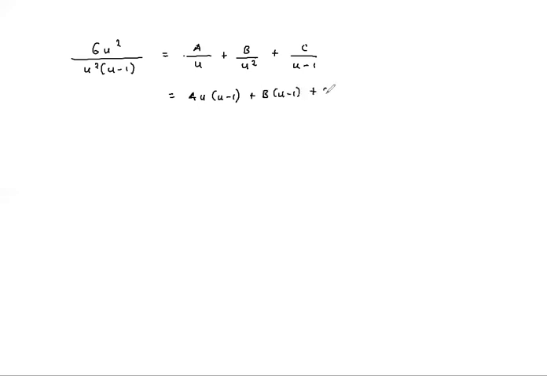So 6u squared over u squared times u minus 1 is going to be a over u squared, b over u, or you are used to this order, a over u and then b over u squared and then c over u minus 1, so that we have a u minus 1 plus b u minus 1 plus c u squared is equal to 6u squared.